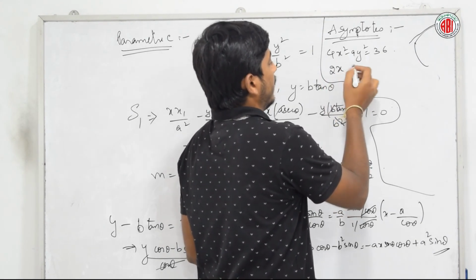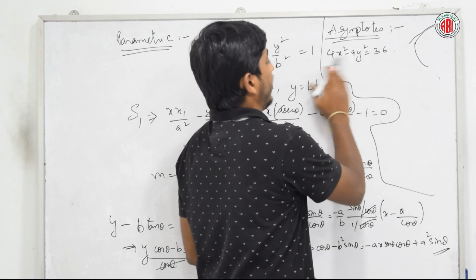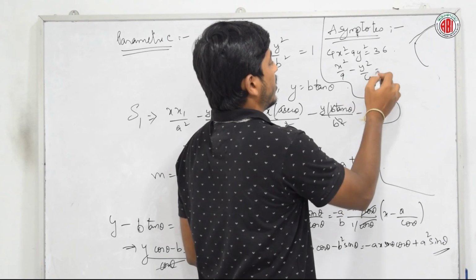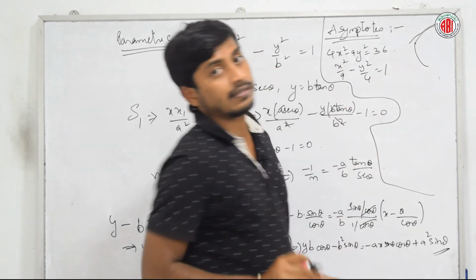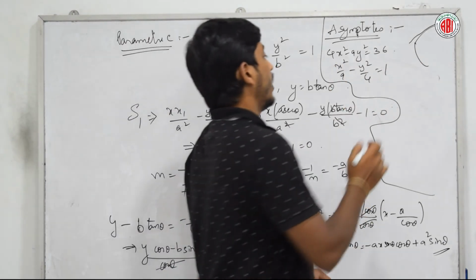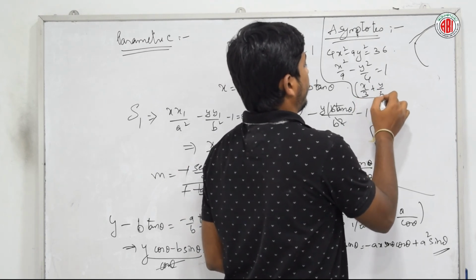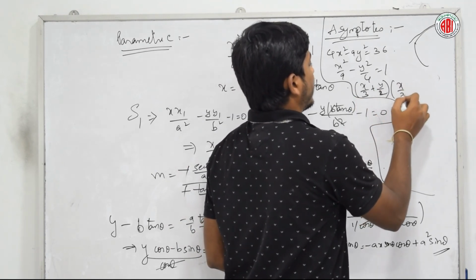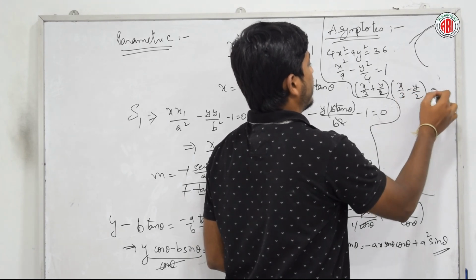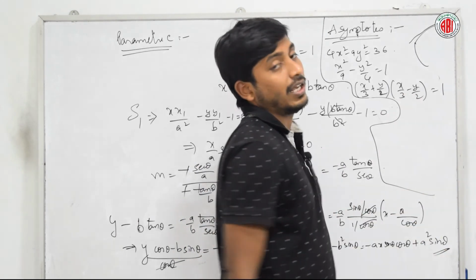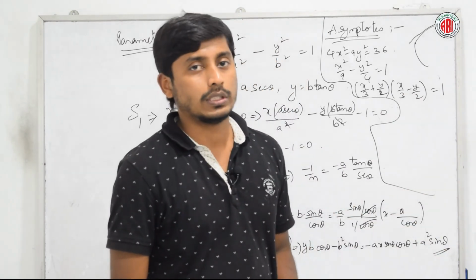Let me simplify and write it first: x square by 9 minus y square by 4 is equal to 1. Can I write like this? So if I separate it, I will get x by 3 plus y by 2 into x by 3 minus y by 2 is equal to 1. So these two equations are considered to be equations of asymptotes.